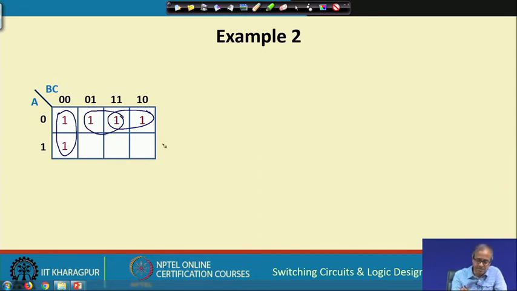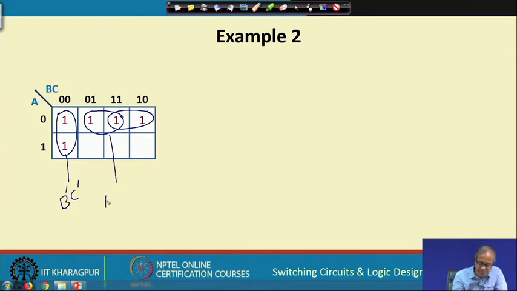So, all the minterms are covered, then what will be the expression for the first cube? This will correspond to b bar c bar. For the second cube, you see this is in the first row. Okay. First row means a bar, a is 0, and it is covering 0 1 and 1 1. So, the first one gets cancelled out, second one remains, which means c remains.